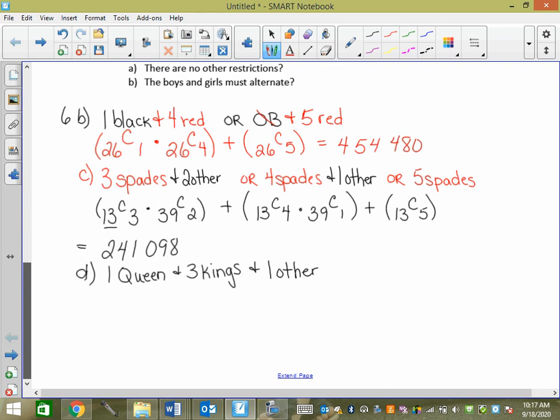How many queens do I have to choose from? 4 and I choose 1, times kings, 4 choose 3. Now the other cards can't include these ones or these ones, right? So it has to be 52 minus 8, which is 44. Choose what?